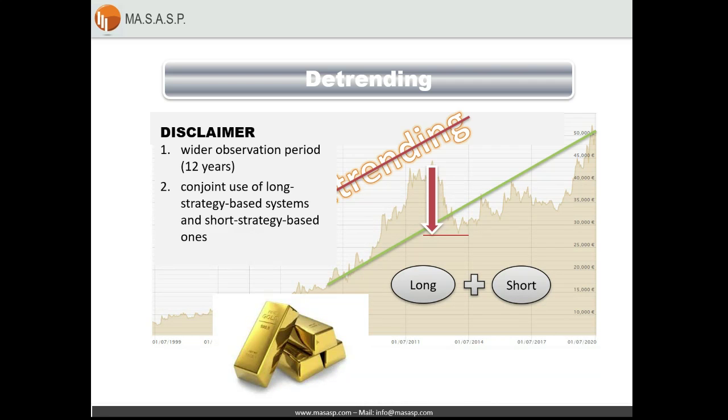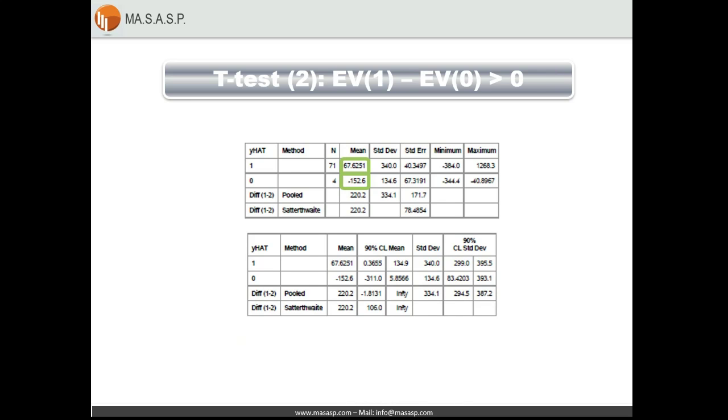Well, we can reach the same goal with the refined t-test discussed so far. Let's have a look. The expected value of the trade construct is 56 basis points.